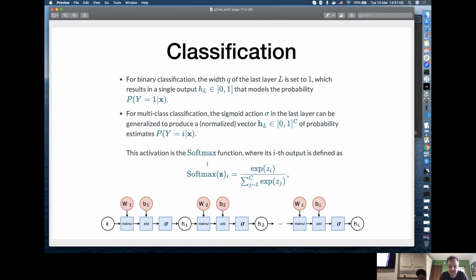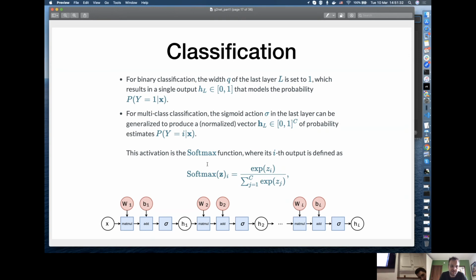A probability is something that sums up to 1. So there is an operation that, given a vector, can produce another vector, element by element, for which the individual elements are between 0 and 1, and it globally sums up to 1. And this is the softmax operation.